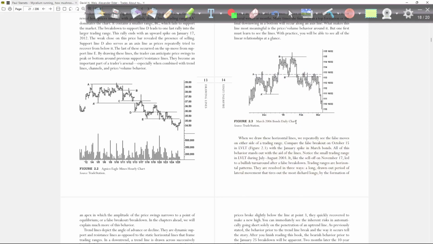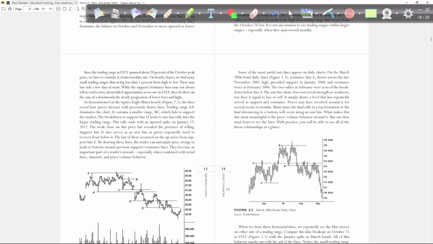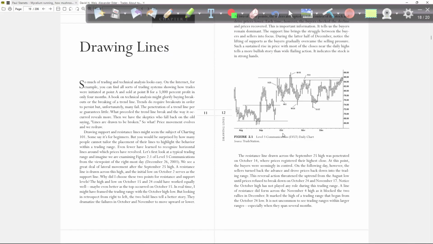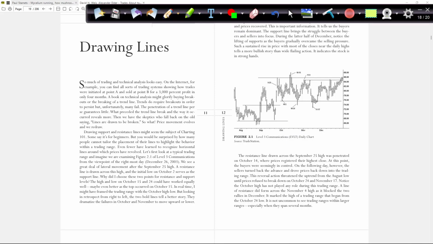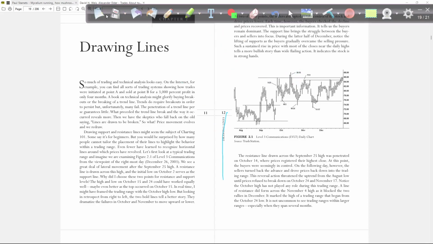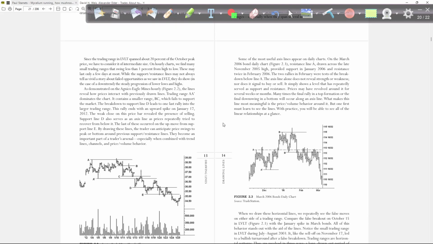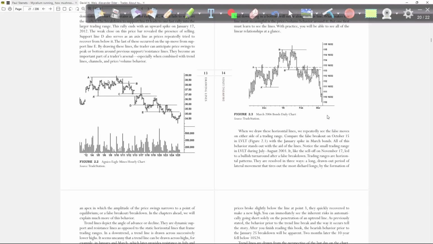When we draw these horizontal lines, we repeatedly see false moves on either side of a trading range. Compare the false breakout on October 15th in LVLT, figure 2.1, here, a false breakout, with the January spike in March bonds.